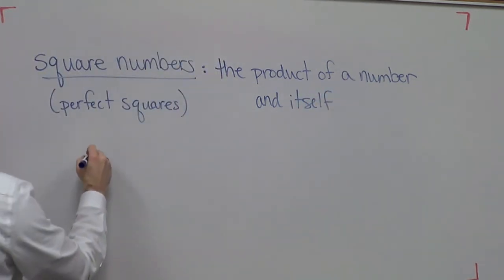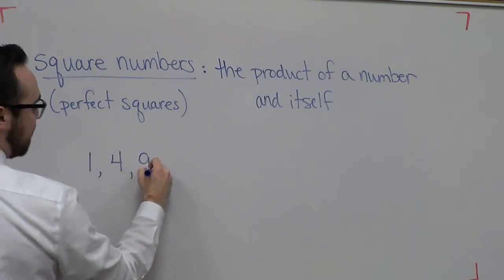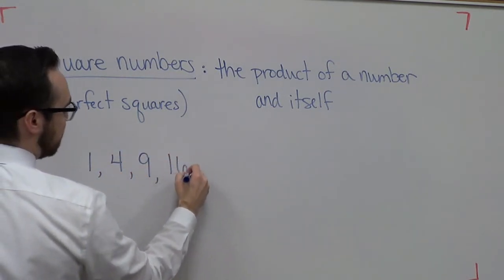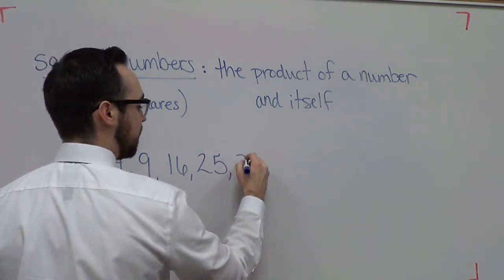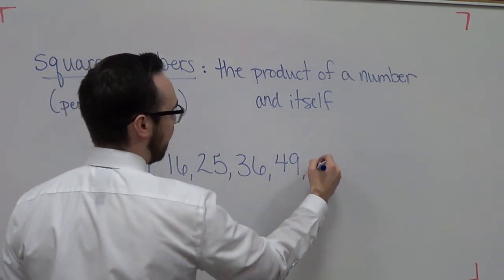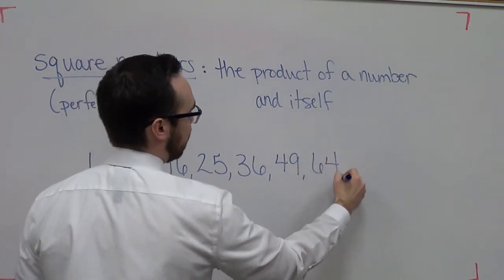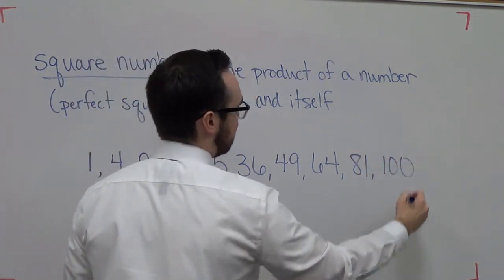So 1 times 1 is 1, 2 times 2 is 4, 3 times 3 is 9, 4 times 4 is 16, 5 times 5 is 25, 6 times 6 is 36, 7 times 7 is 49, 8 times 8 is 64, 9 times 9 is 81, and 10 times 10 is 100.